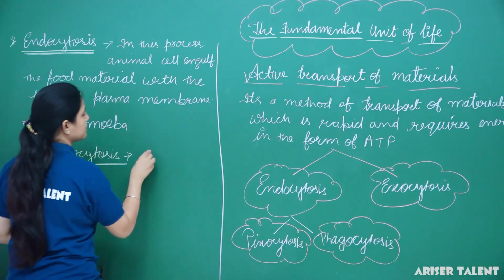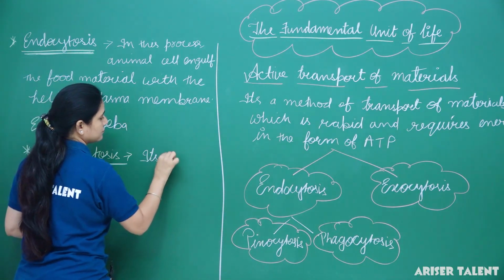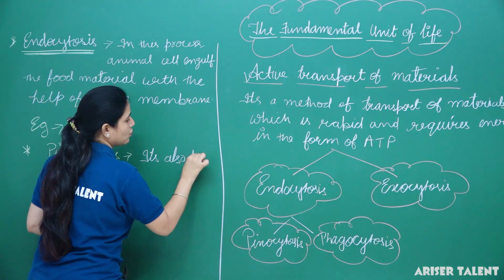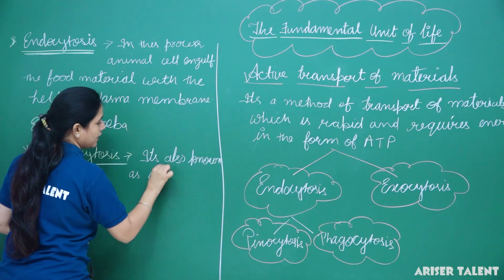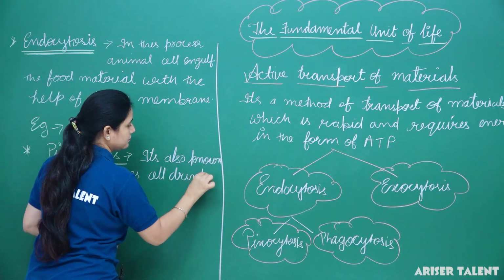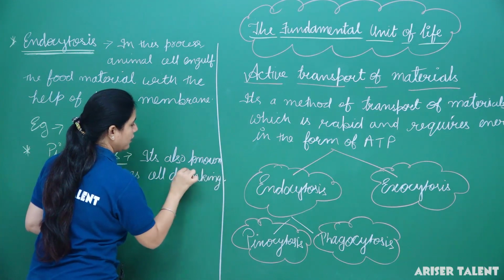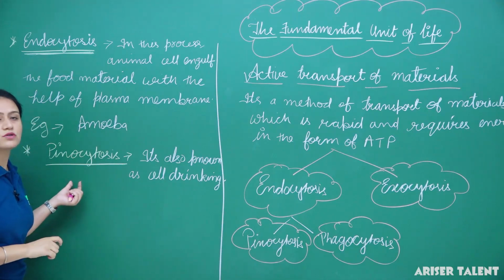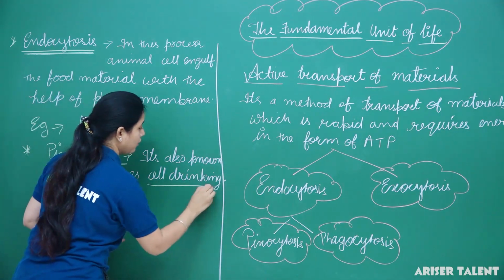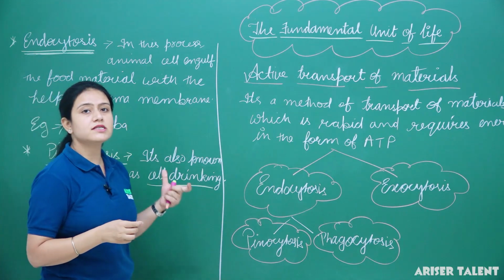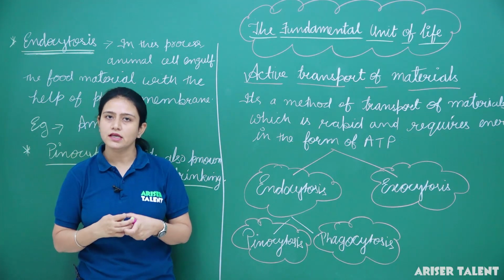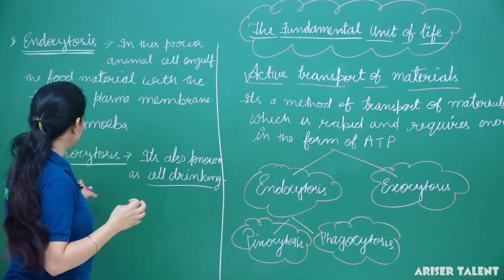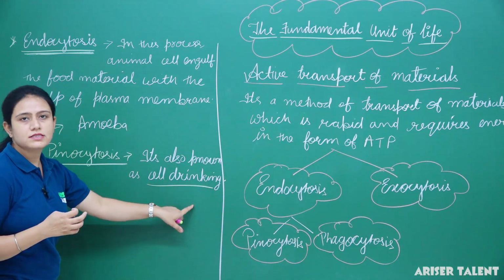It's also known as cell drinking. Okay, make a note that pinocytosis is also known as cell drinking. Why is it so? Because by this method liquid materials are taken inside the cell. Okay, this is the reason that pinocytosis is also known as cell drinking.